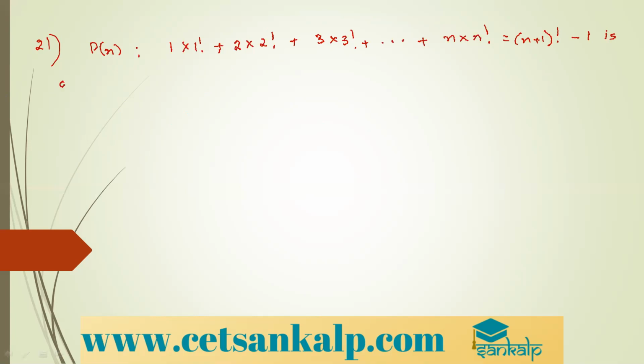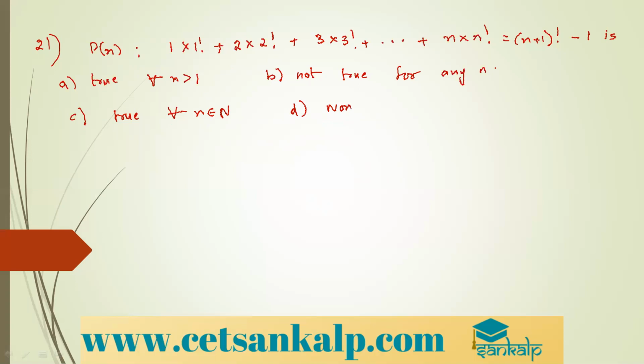So I have to show whether this is true for all n greater than 1, or not true for any n, or true for all n belonging to natural numbers, or none.